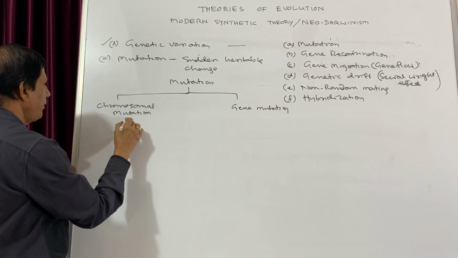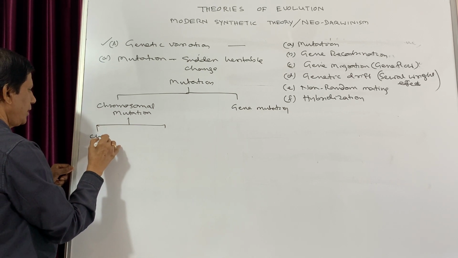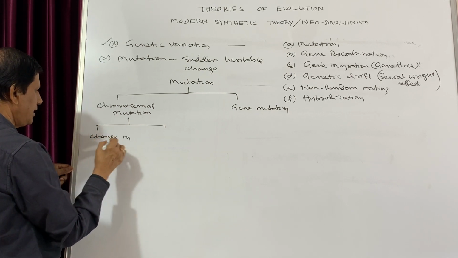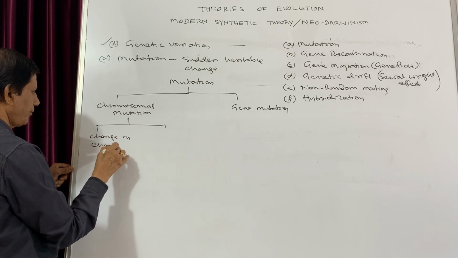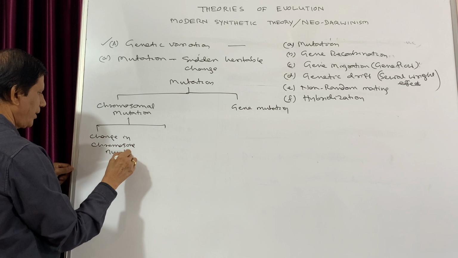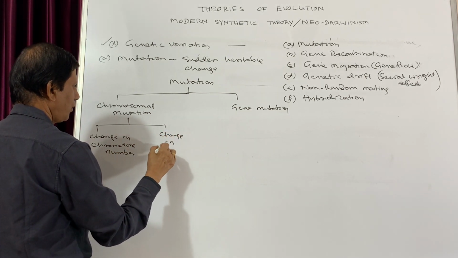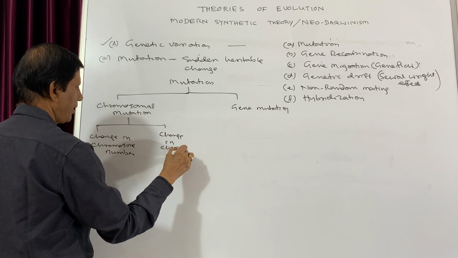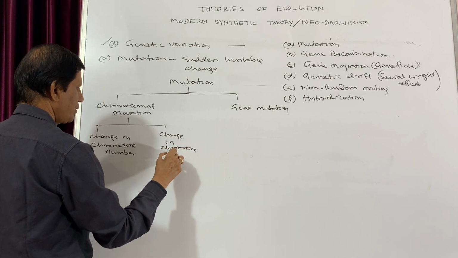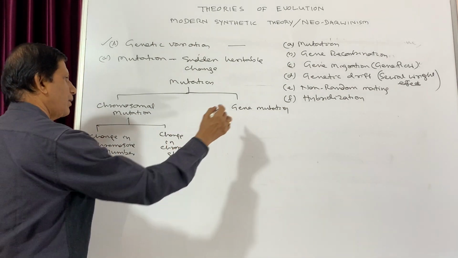Now the chromosomal mutation may be due to change in chromosome number, or due to change in chromosome structure. Then that we'll discuss.